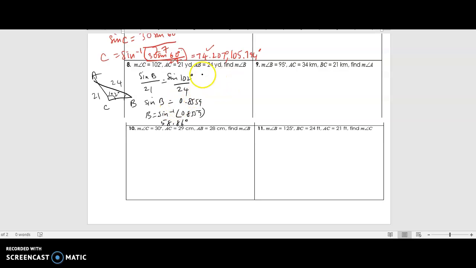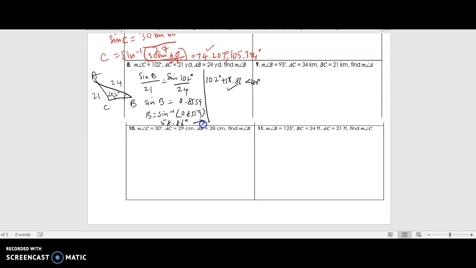So let's check the possibilities. The existing angle C is 102, so we'll add 58.86 to 102. Is this less than 180? It's definitely less than 180, so it's a check.